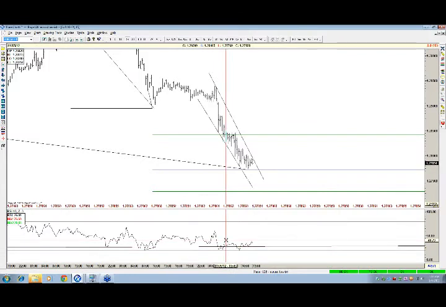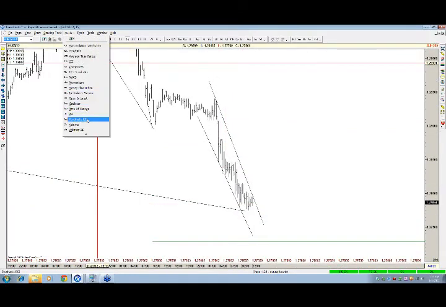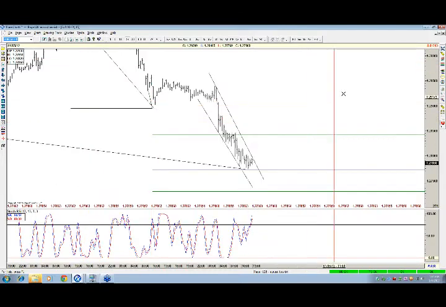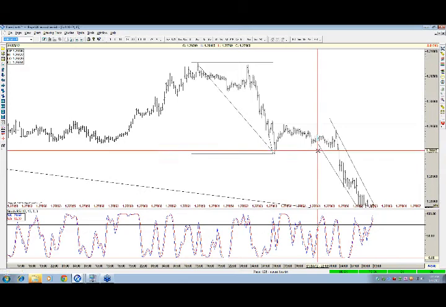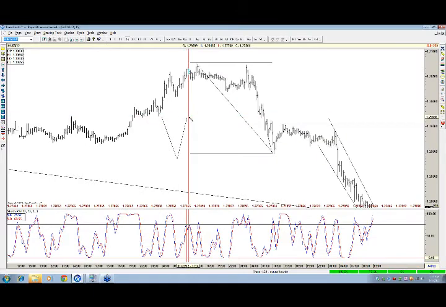Now, the other indicator, David, that you were asking me about is this one. This indicator works as follows. In the 5-way swing, this indicator is going to give you 1, 2, 3. It's going to go from the high to the low. Wave 4 is going to go to the high.